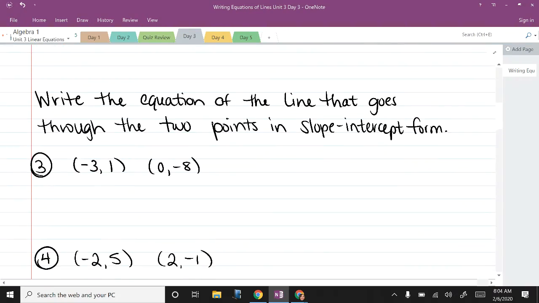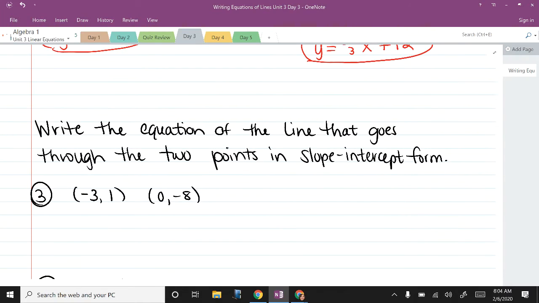Now they're going to give me something different. This time, what are they giving me? 2 points. And if I'm writing in slope-intercept form, what 2 things do I need? m and b, right?